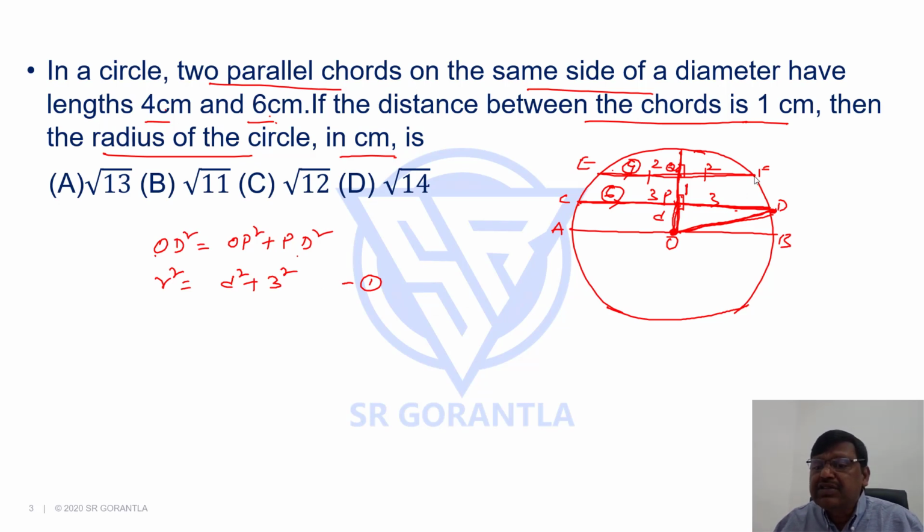Now if you look at this, OF is also a radius. And OQF is also a right angle triangle because you have a right angle here. So OF square will be equal to OQ square plus QF square.